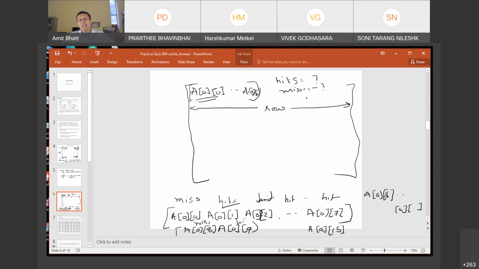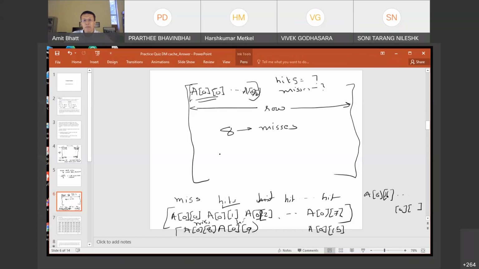But there are 8 such blocks in one line, in one row, right? And each block, when you bring in 8 things, we'll get 8 misses for this whole row. Correct? Because the first element would be a miss, and there are 8 such blocks, so 8 misses.